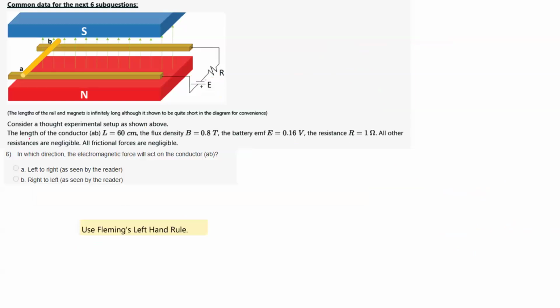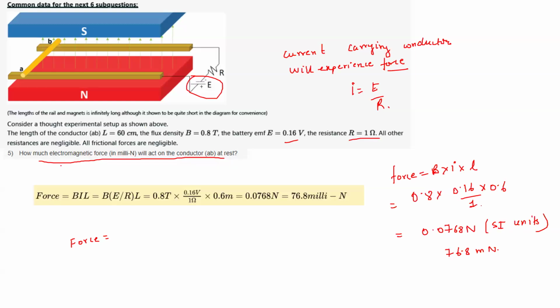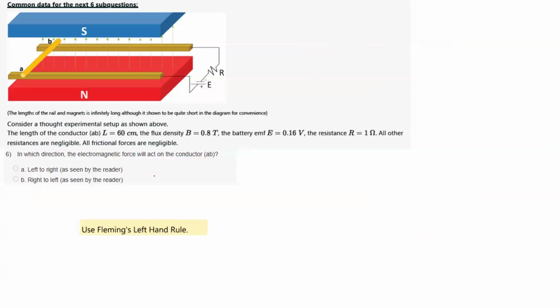Now, they are asking what will be the direction of this force. The magnitude of force you have obtained. So what will be the direction of force which will act on the conductor?